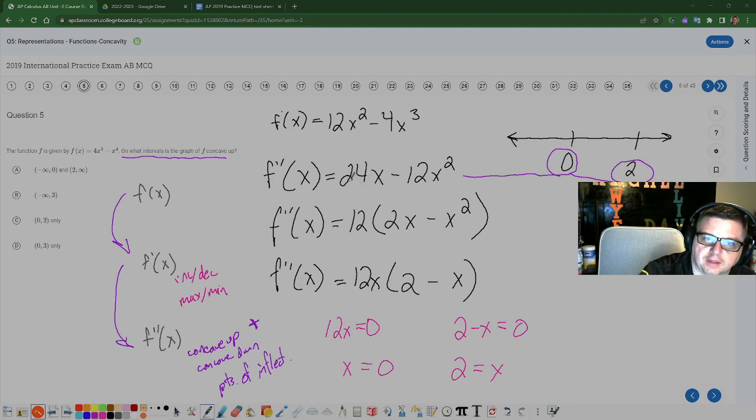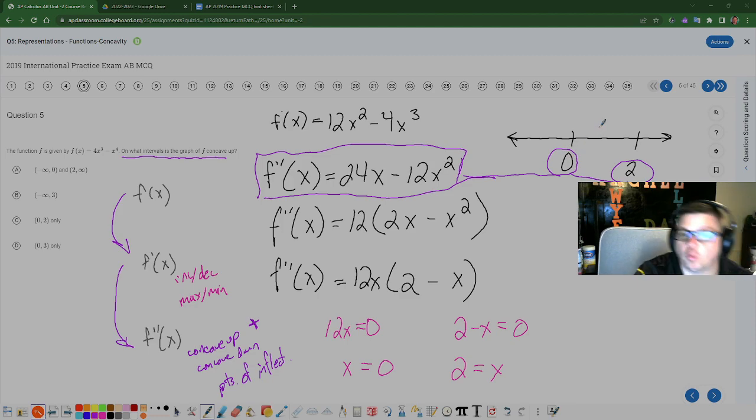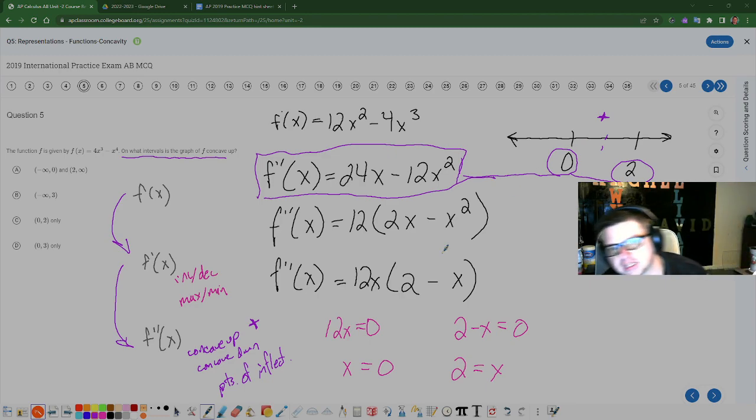So if I use the second derivative to get these values of 0 and 2, that's the one that I always want to plug it back into. So when we plug, like let's say number 1, we plug a 1 in there. I'm going to get 24 minus 12, which is going to give me, I don't care the number, just care about the sign. It's going to give me a positive answer.